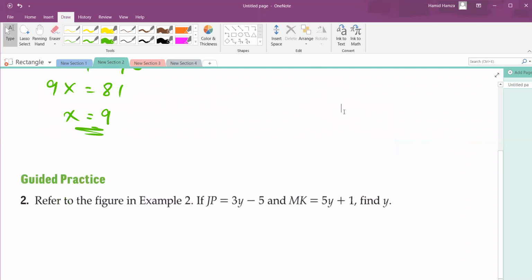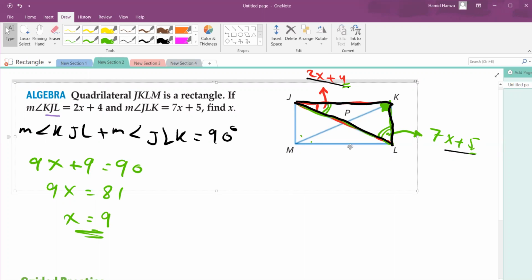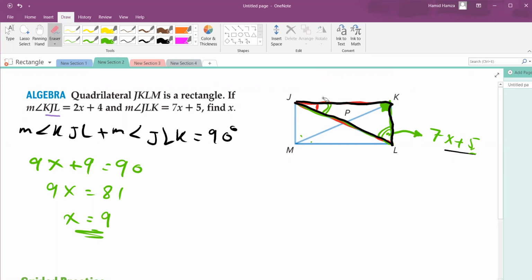Okay, the next one, we still talk about this drawing. Let me erase all of this because we will work again. All of this is finished.